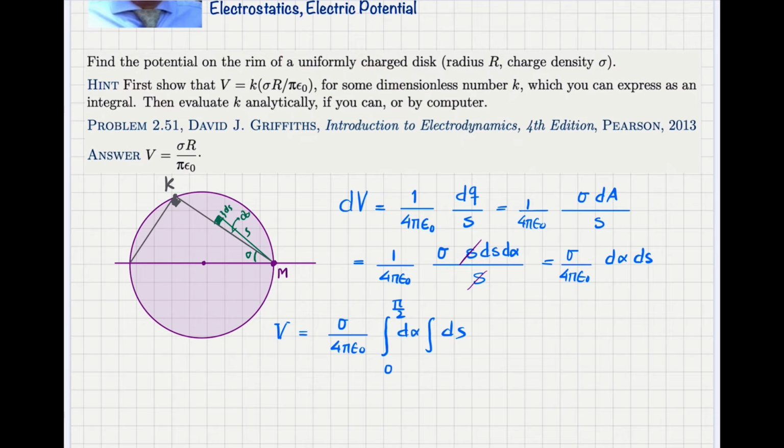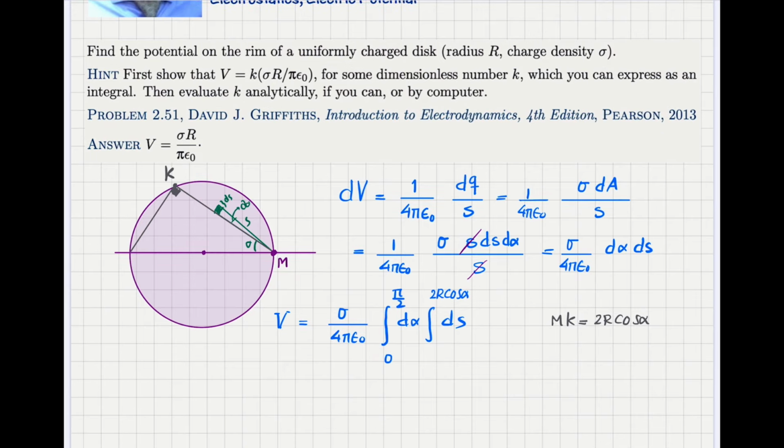So then it is very clear that what is MK here? MK is equal to this length, which is 2 times the radius times cosine alpha. So this becomes 2r cosine alpha. So it means that the upper limit is 2r cosine alpha.